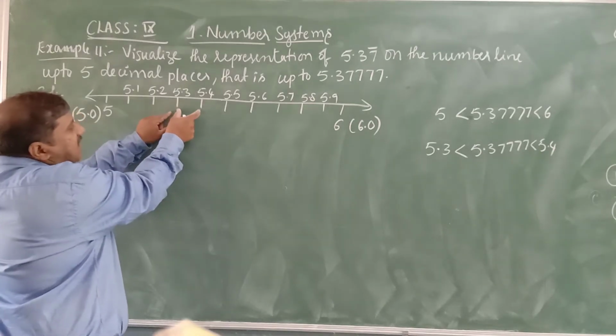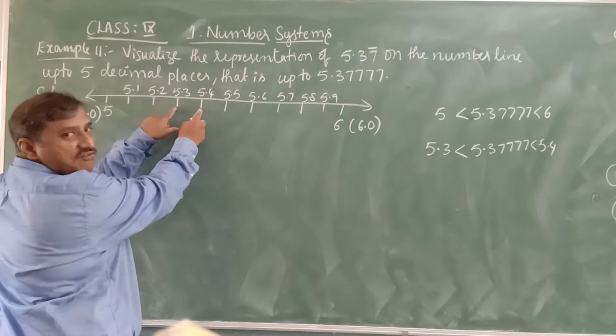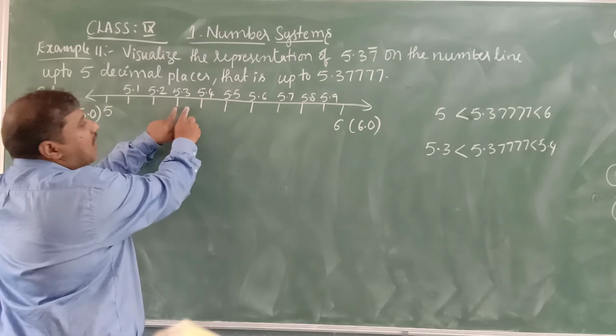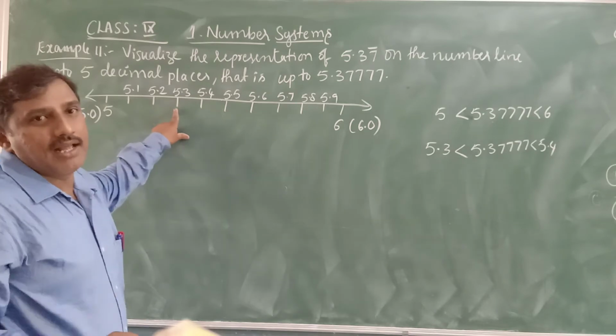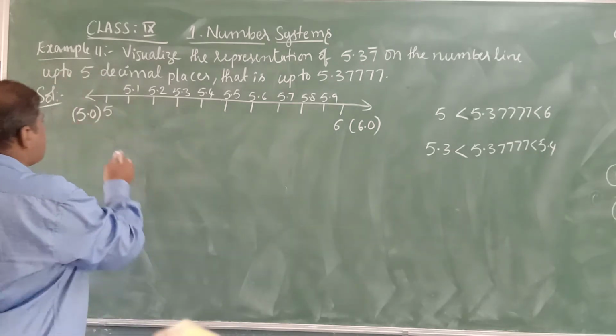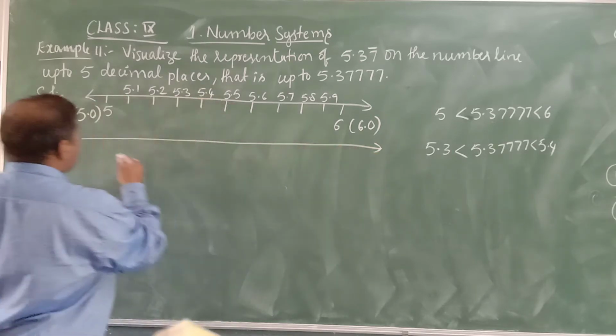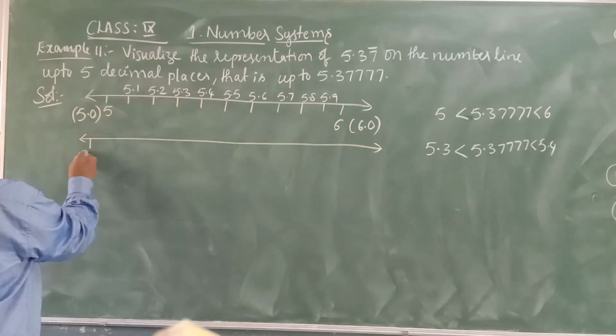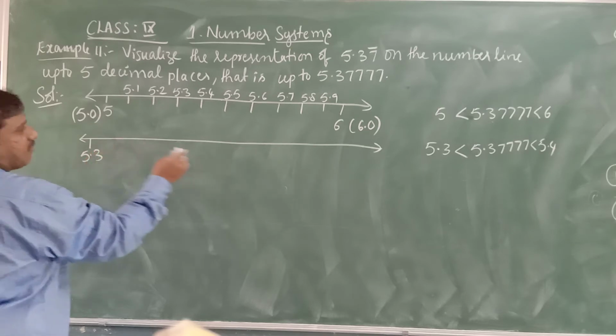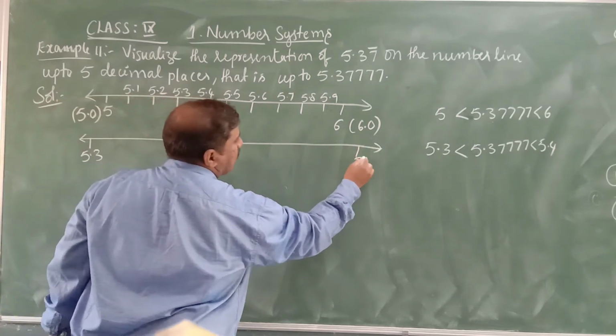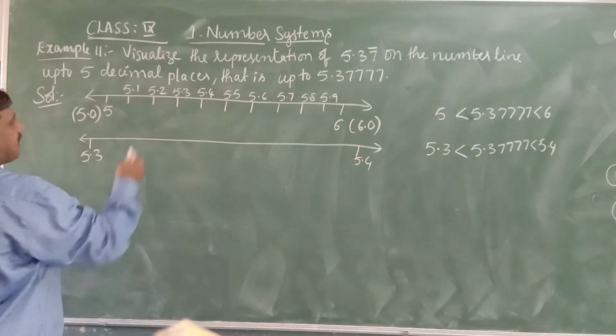Now you divide the space between 5.3 and 5.4, which is smaller, into 10 equal parts and then locate those numbers on the number line. The second step is to divide the space between 5.3 and 5.4 into 10 equal parts.